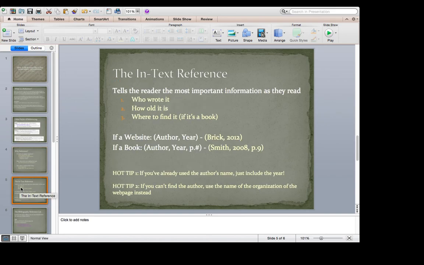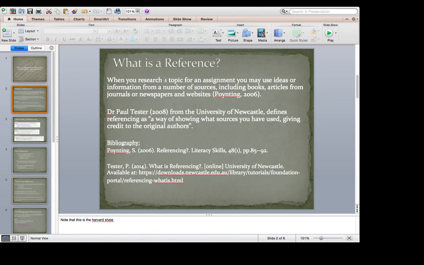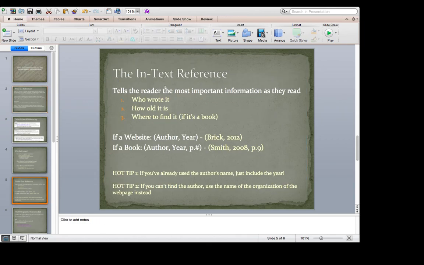Let's talk about in-text referencing. So you can see here, in the main body of my text, I made some in-text references. What were they? They were the most important information that the reader could get as they read. It tells them who wrote it, how old it is, and where to find it. If it's a book, the page number.